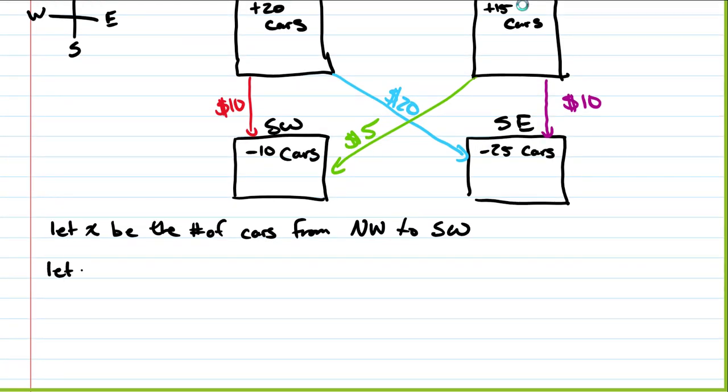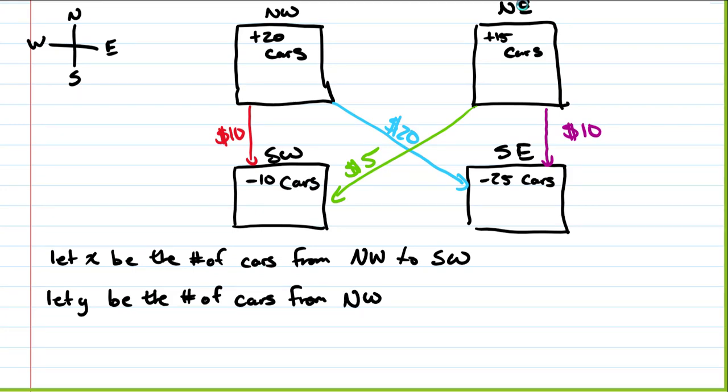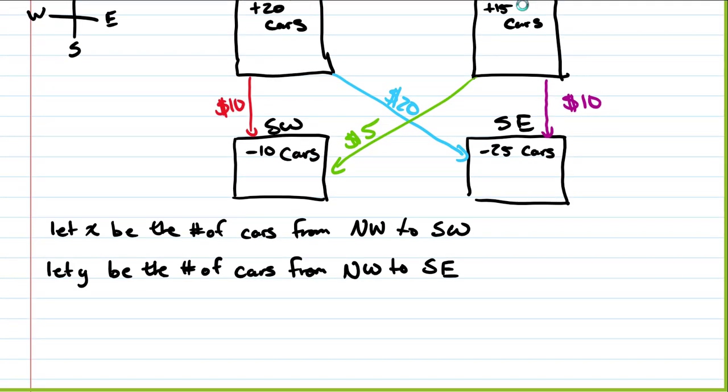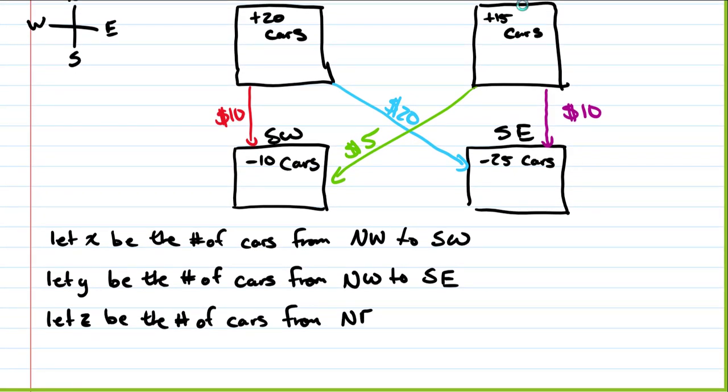Let's let y be the number of cars from northwest to southeast. Let's let z be the number of cars from northeast to southwest.